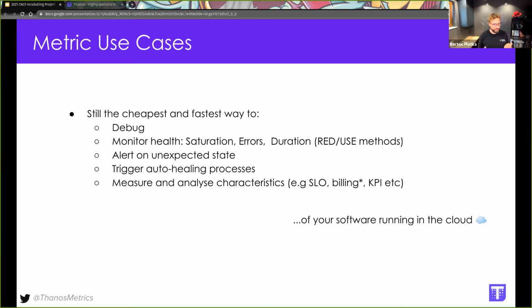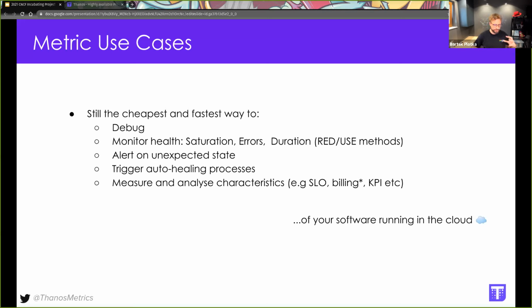They are actually the cheapest and the fastest, which means they are closest to the real-time observations you can make in order to debug your application, maybe monitor health using standard paradigms from many SRE and DevOps strategies around the world, including methods like RED and USE, which stand for rate, errors, duration, and utilization, saturation, errors, or something like that.